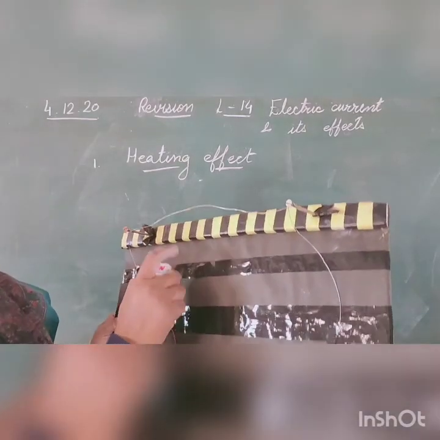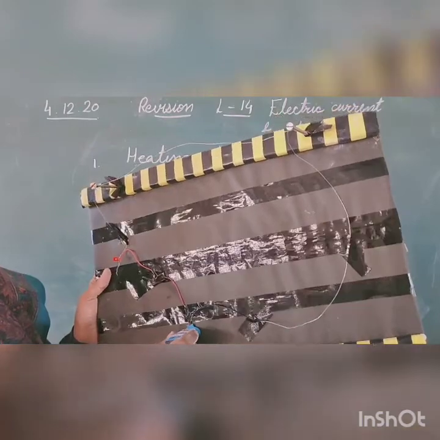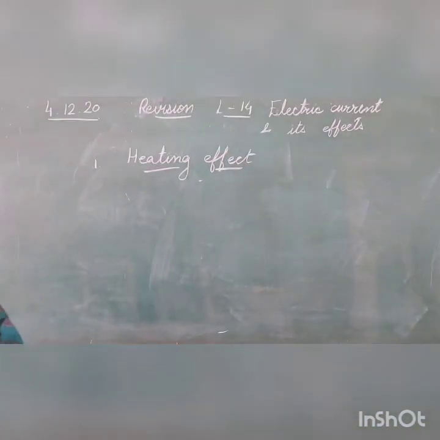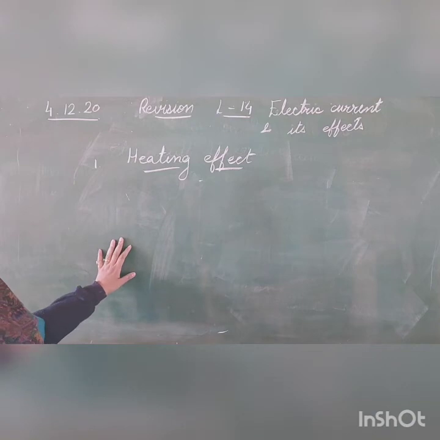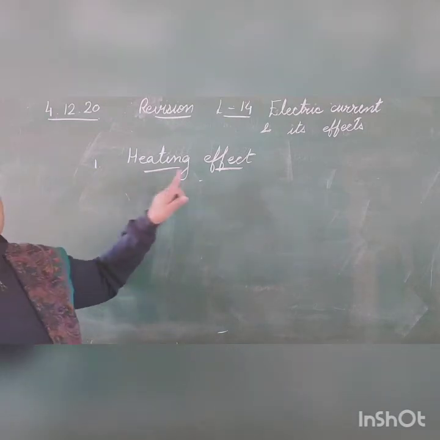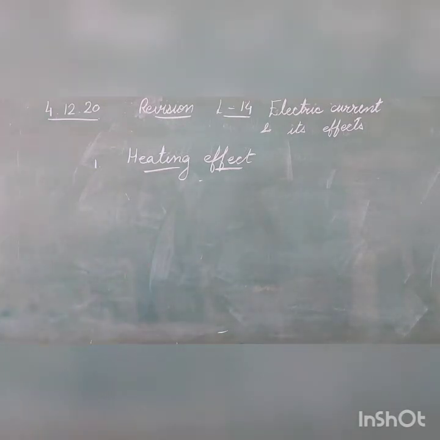The wire here is a bit hot. The wire becomes red hot, and this shows the heating effect of the current. Is it clear, children? So that is the heating effect of current. It means passing or moving of electricity in a circuit heats the different components.